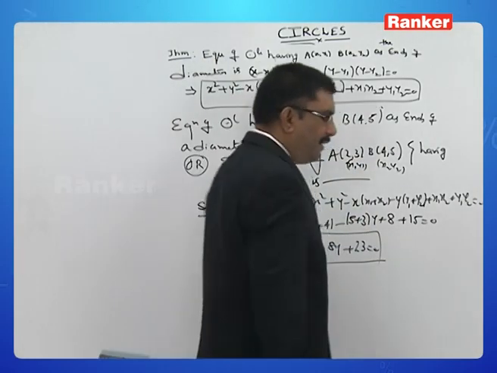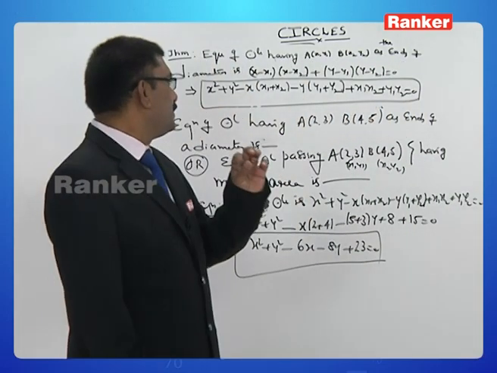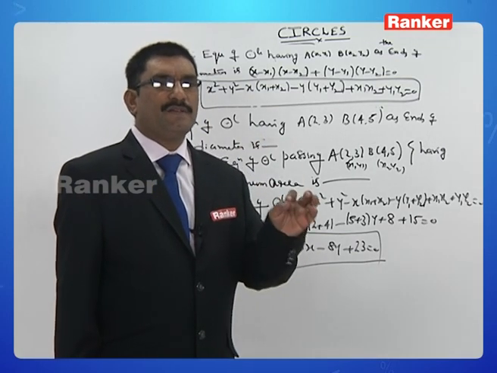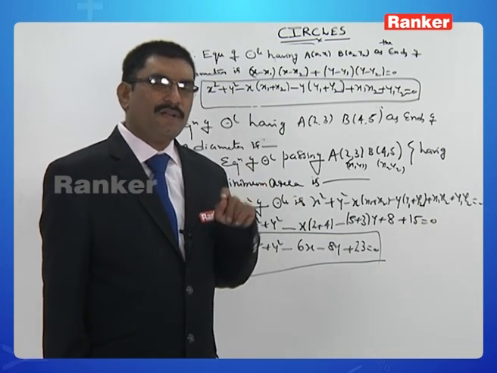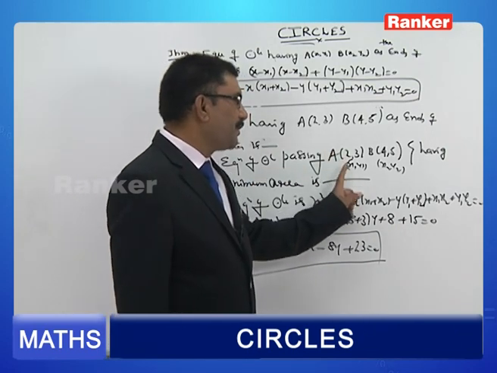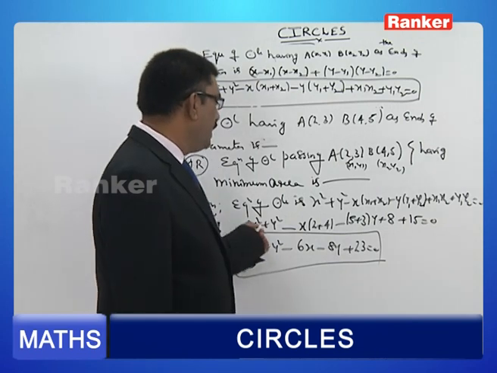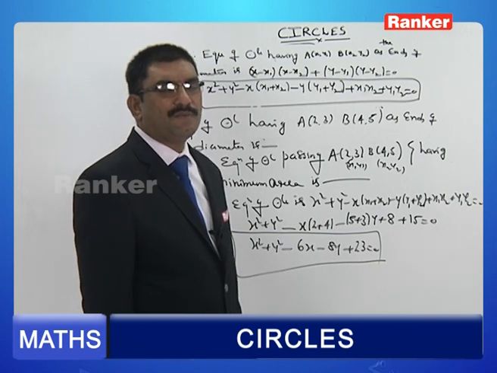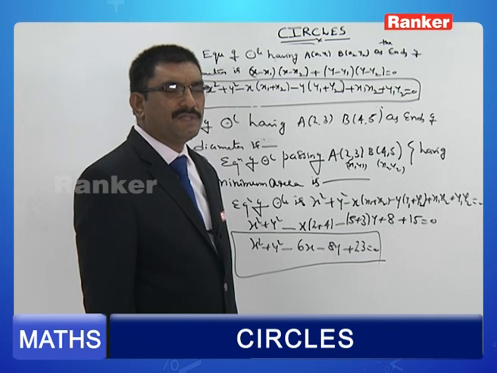This is the equation of a circle having A of 2 comma 3, B of 4 comma 5 as the ends of a diameter. Or in other words, the equation of circle passing through A of 2 comma 3 and B of 4 comma 5 and having minimum area is given by x square plus y square minus x into (x1 plus x2) minus y into (y1 plus y2) plus x1 x2 plus y1 y2 is equal to 0.